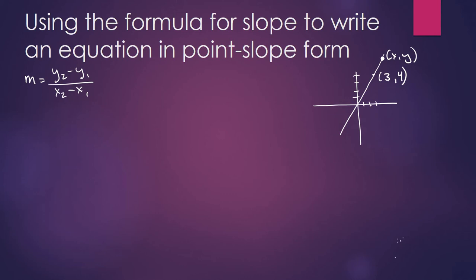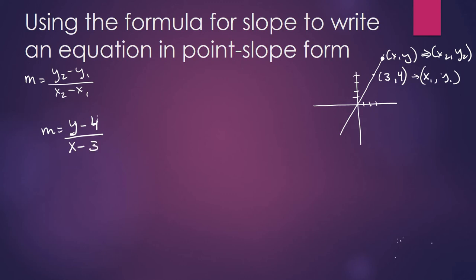So I'm going to use this as x sub 1, y sub 1, and I'm going to use this as x sub 2, y sub 2. So filling in, I get m equals y sub 2 is just my y minus 4 divided by x minus 3.